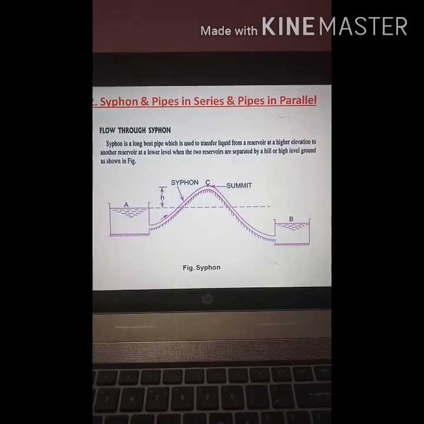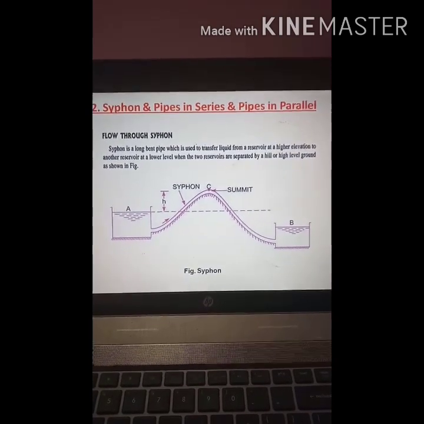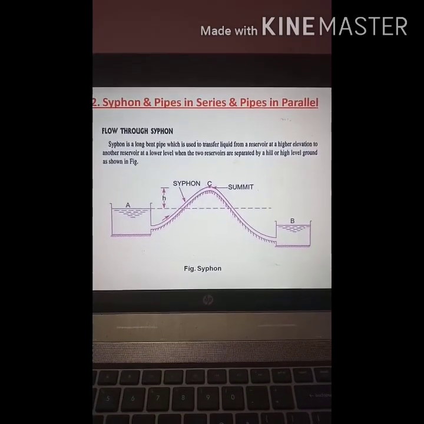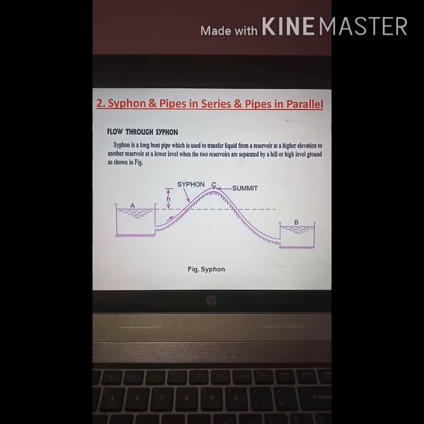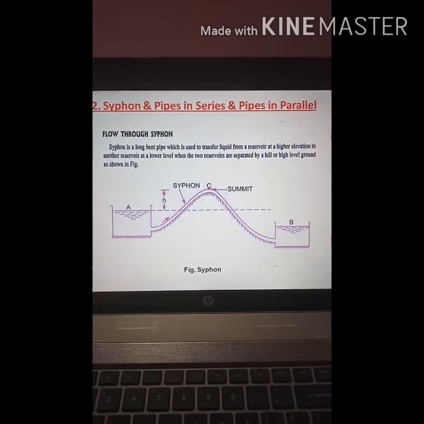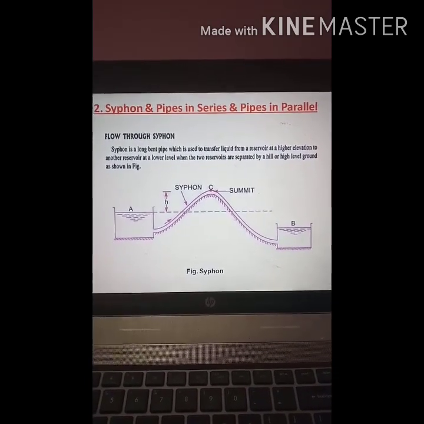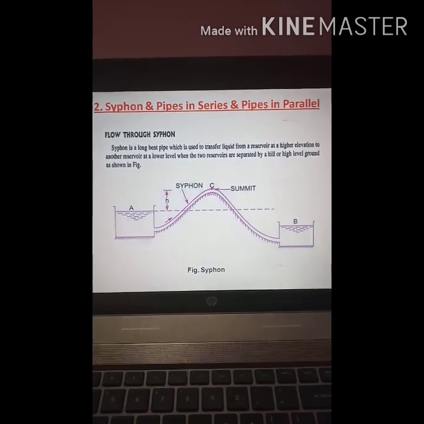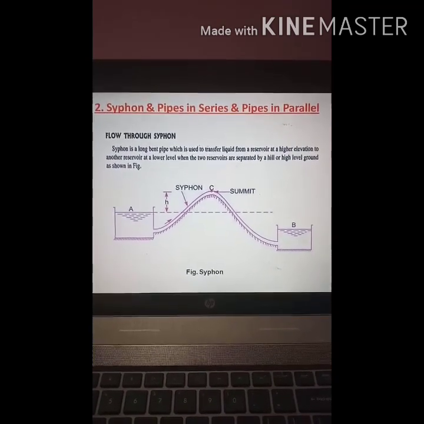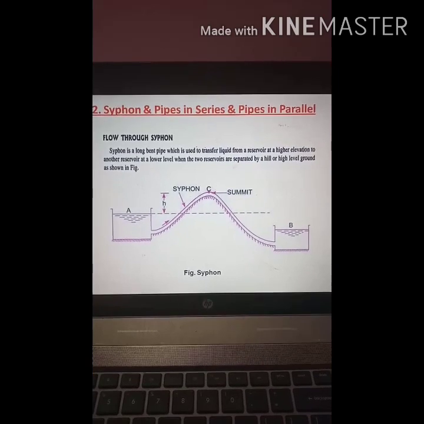If you want to carry water from a dam to a city, then in between there is a certain hill or high level ground, where ground levels are high between these two.